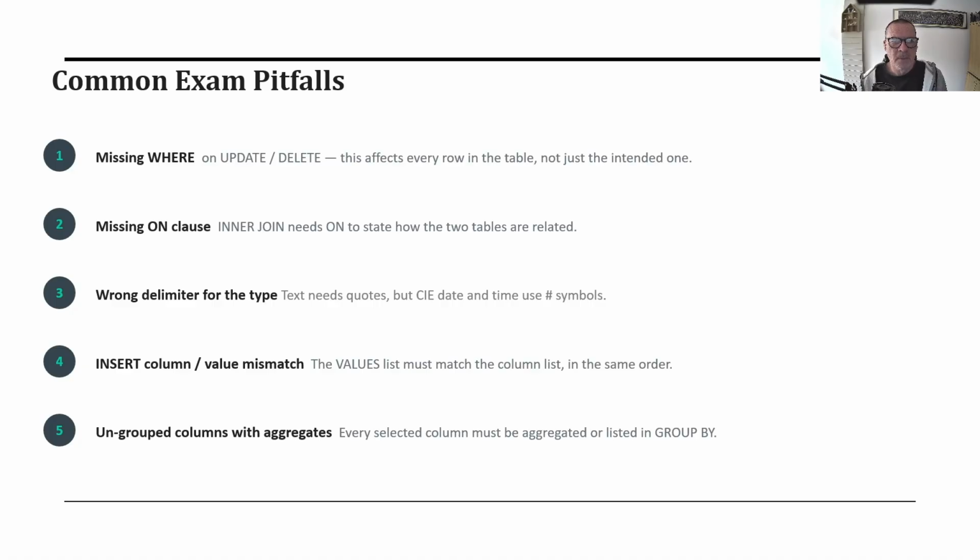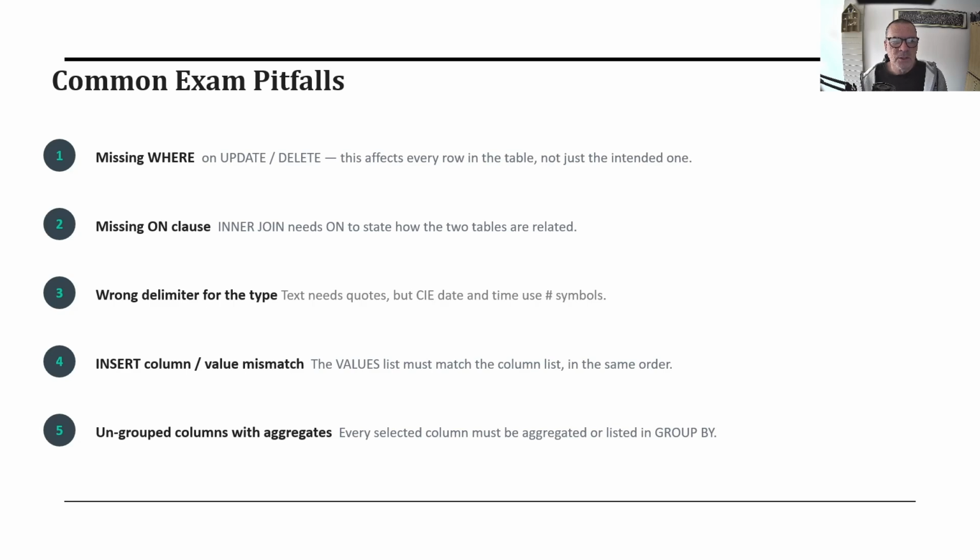You might use wrong delimiters, so text needs quotes, numbers don't, integers and reals don't. And dates and times for CIE, I believe, use the hash symbol, so instead of being surrounded by quotes, they're surrounded by the hash symbols.